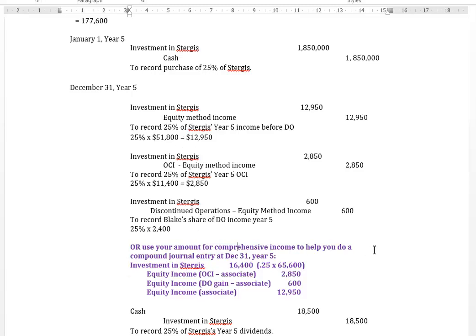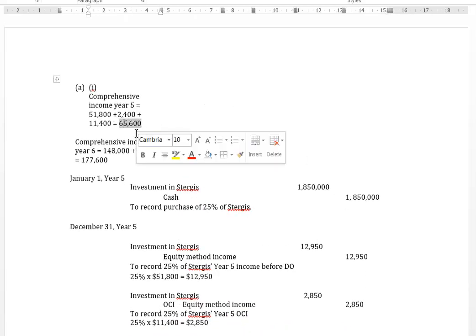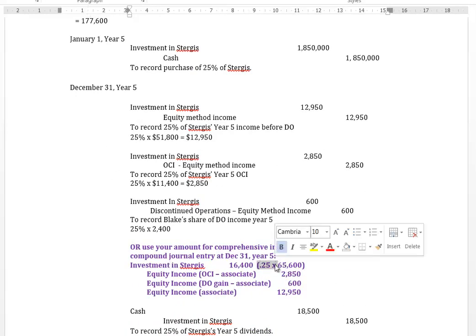So I'm going to use my comprehensive income calculation for year 5 and make my journal entry. What would I do? I would debit the investment in Sturgis for my pro rata share of that comprehensive income, which would give me $16,400. Now, how does my pro rata share of that comprehensive income break down on the credit side?